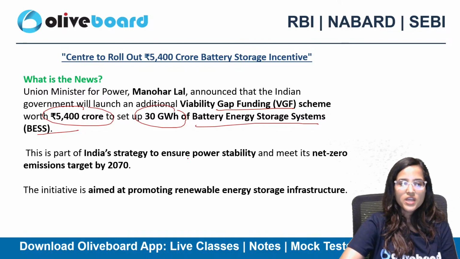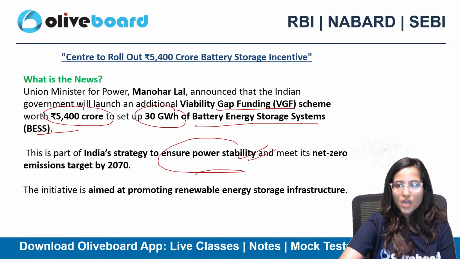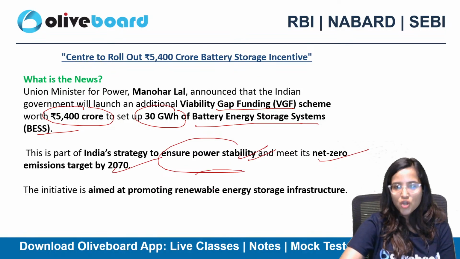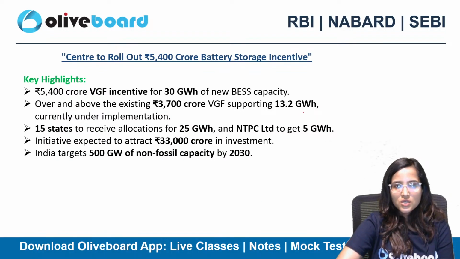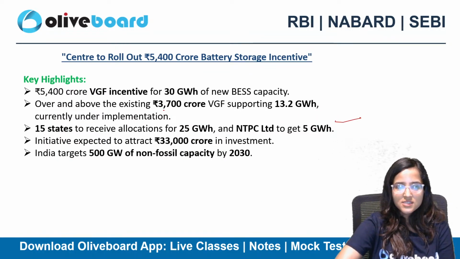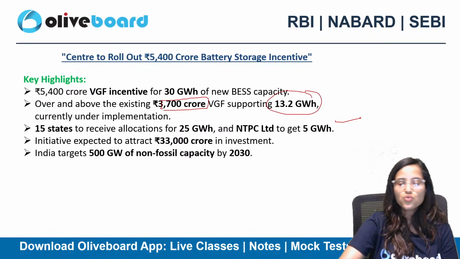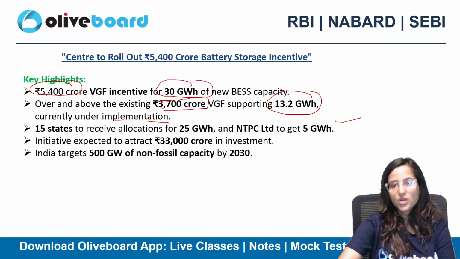ठीक है, this is part of India's strategy to ensure power stability to meet net zero emissions by 2070. That is why we are bringing this incentive to promote renewable energy storage infrastructure. ठीक है, so there is already an existing 3700 VGF viability gap funding supporting 13.2 gigawatt per hour, which is under implementation, and now we have introduced this 5,400 crore VGF incentive as well for 30 gigawatt of BESS capacity.